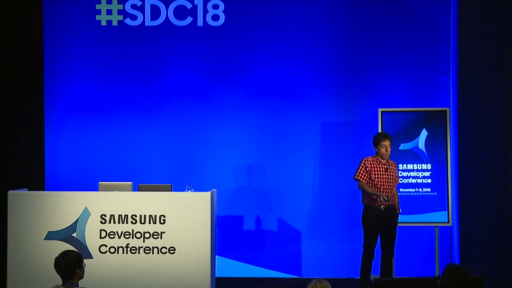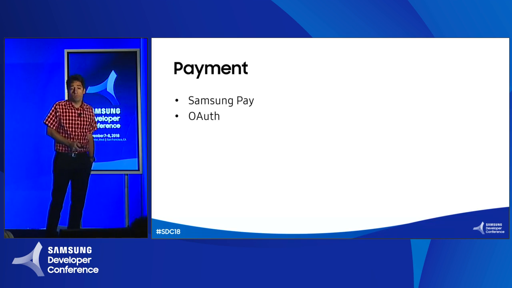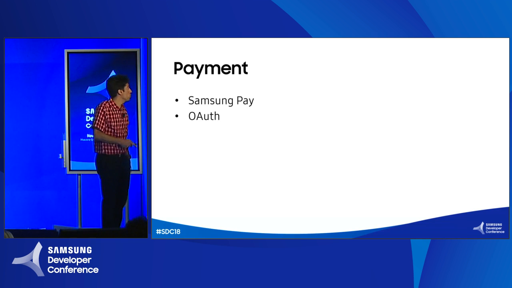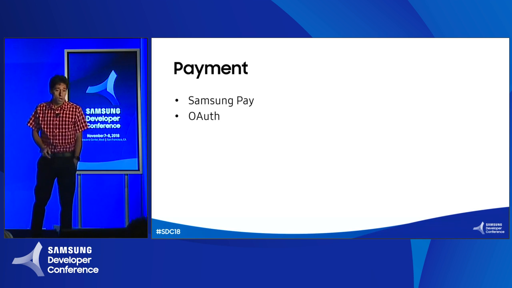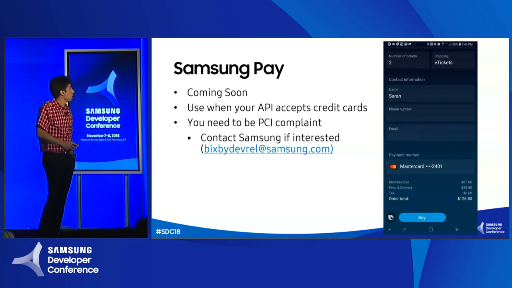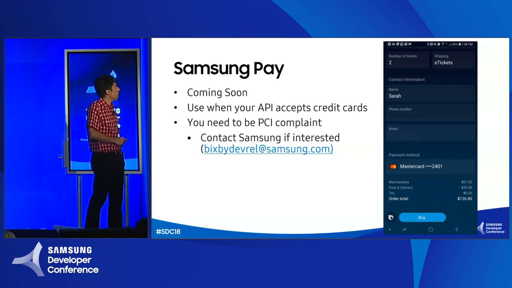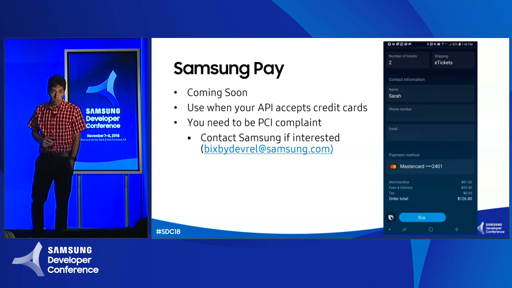I just want to touch on things that are coming soon in Bixby Developer Studio. The main one that I skipped was payments. There are 2 ways to make payments, Samsung Pay and OAuth. If your API accepts credit cards, Samsung Pay is a good option to consider.